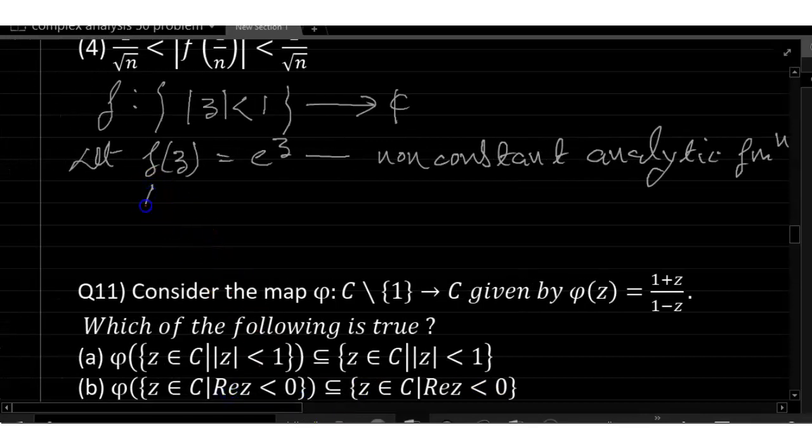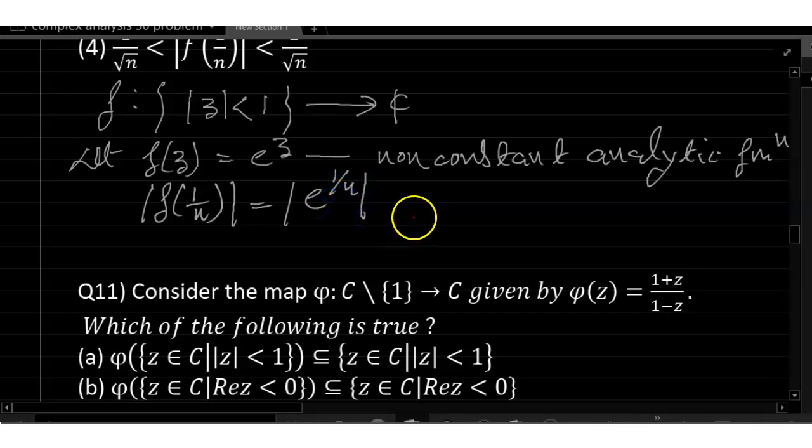Then mod of f(1/n) equals e to the power 1/n, which is not less than 2 to the power minus n, for all n belonging to N.